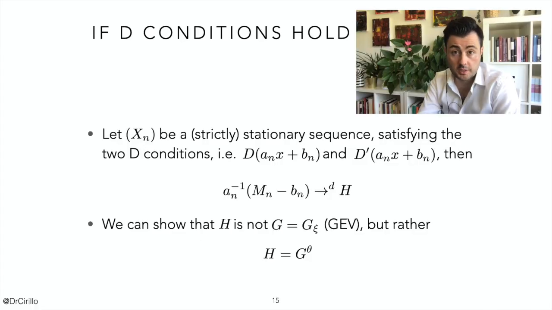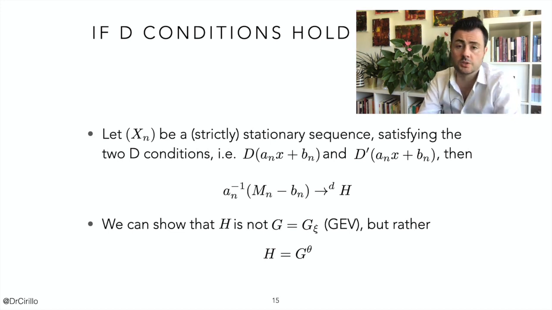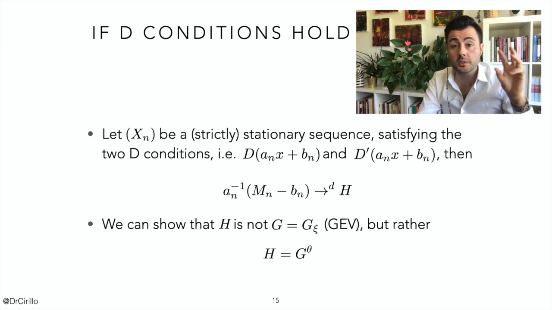If our time series is stationary and satisfies the D conditions, we have the following result, which is a generalization of the Fisher-Tippett theorem. According to this important theorem, if our time series satisfies all the conditions, the normalized maxima will still converge towards a non-degenerate distribution.